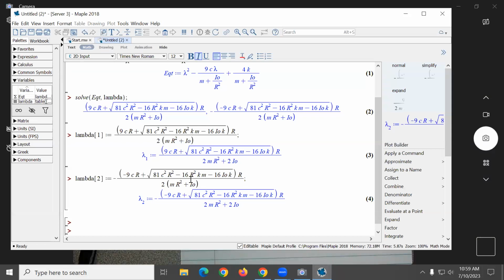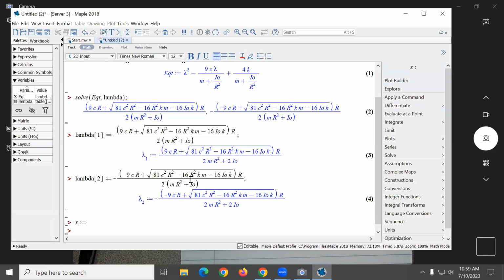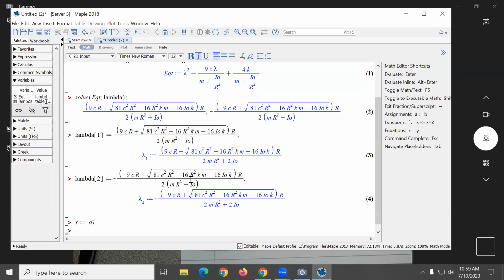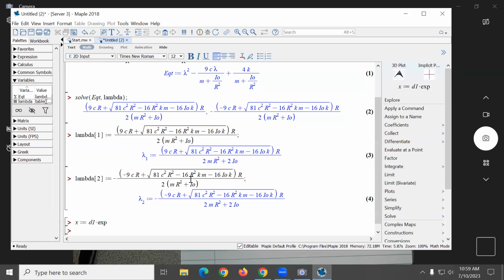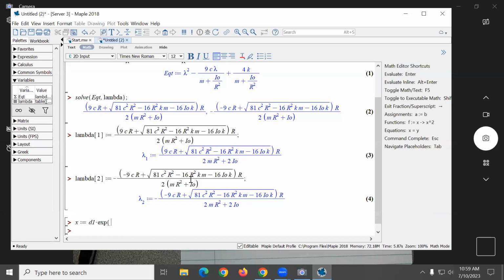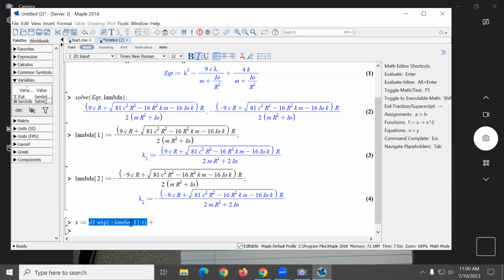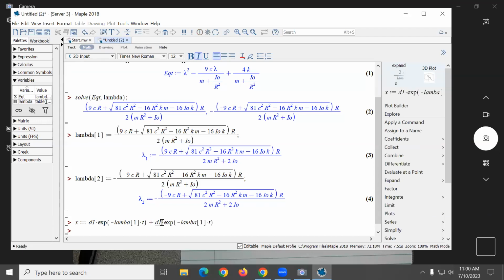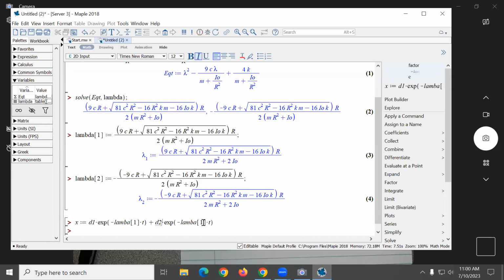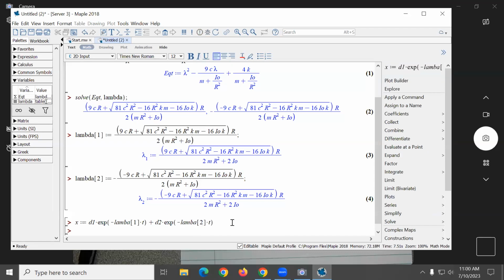So this will give you, let's say, solution X will be equal to our variable D1 times the exponential of minus lambda 1 times t, plus D2 times the exponential of minus lambda 2 t.